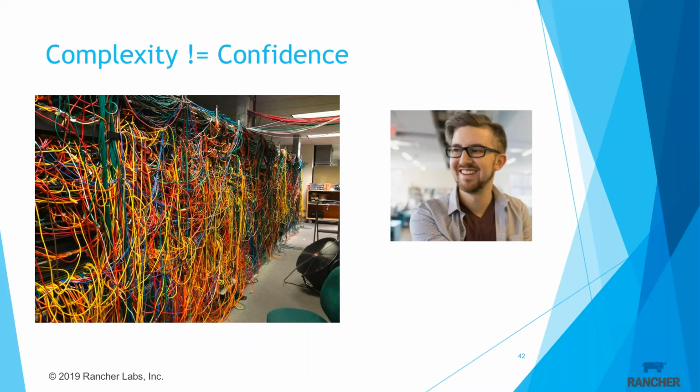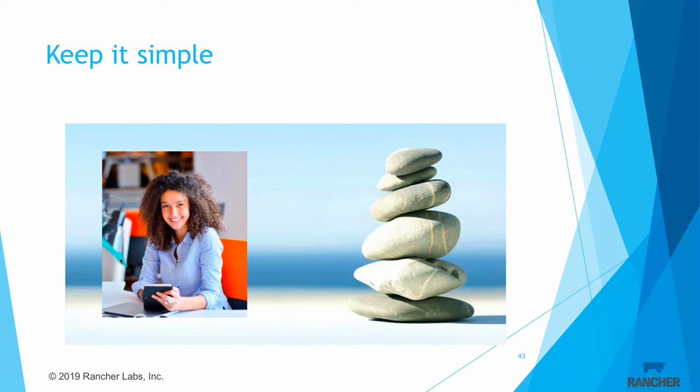Complexity does not lend itself to confidence. A larger, more complicated infrastructure doesn't mean that you are protected when failure happens. If you believe that complexity holds back failure, it doesn't. You still won't be sure. Simplicity is what gives you confidence.